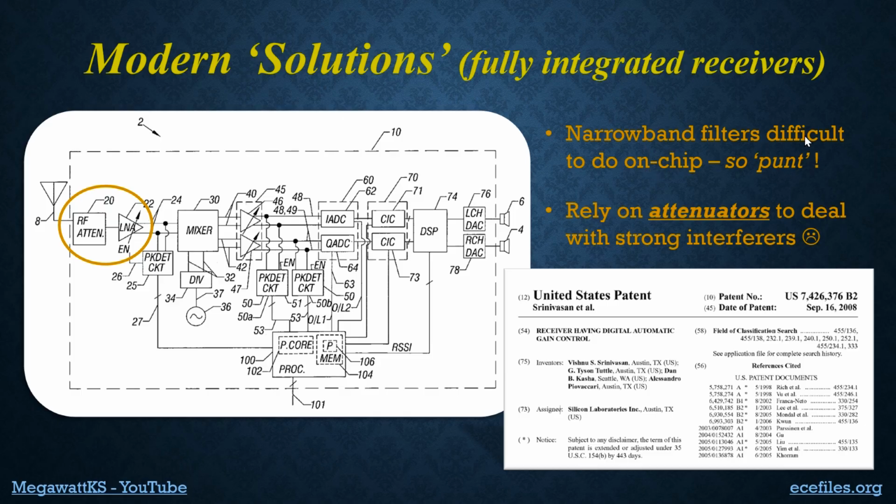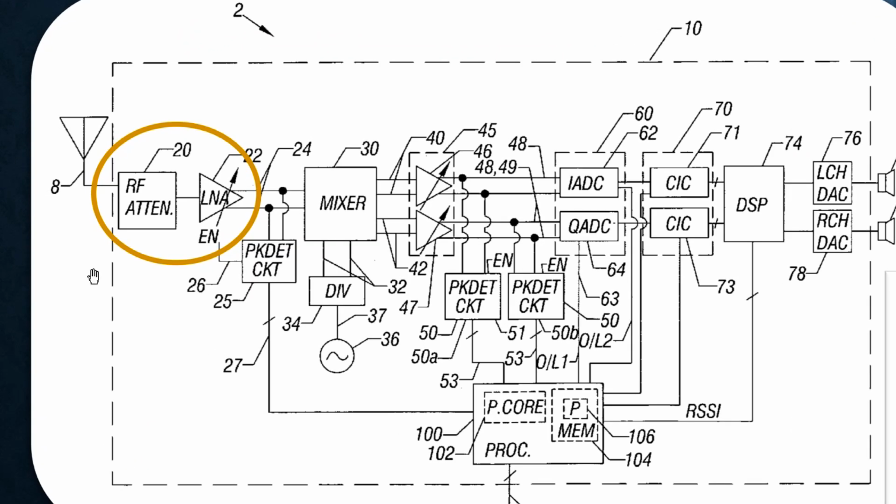So narrowband filters are difficult to do on chip, so I'm going to do what's called punt. So that's a reference to a football term, right? You just give up and try again later. So how did they punt? Well, they're going to rely on attenuators to deal with strong interferers. So if you look at this architecture, this is from a patent from one particular company, but it seems like most of the radios these days do this or something like it. And there's an RF attenuator right after the antenna.